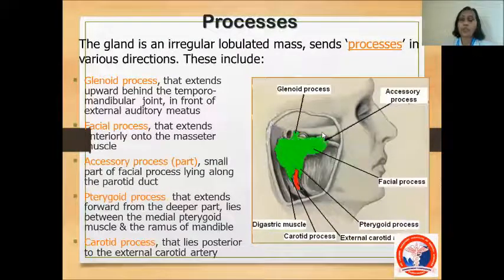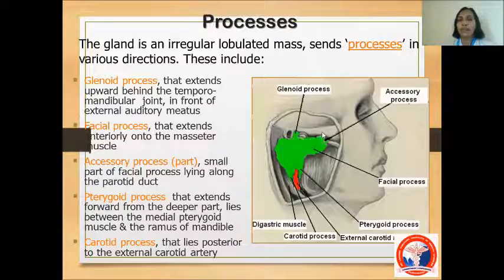The gland shows various processes because it grows into the space which is available in its immediate vicinity. The surface of the gland is irregular, and these processes include the glenoid process.